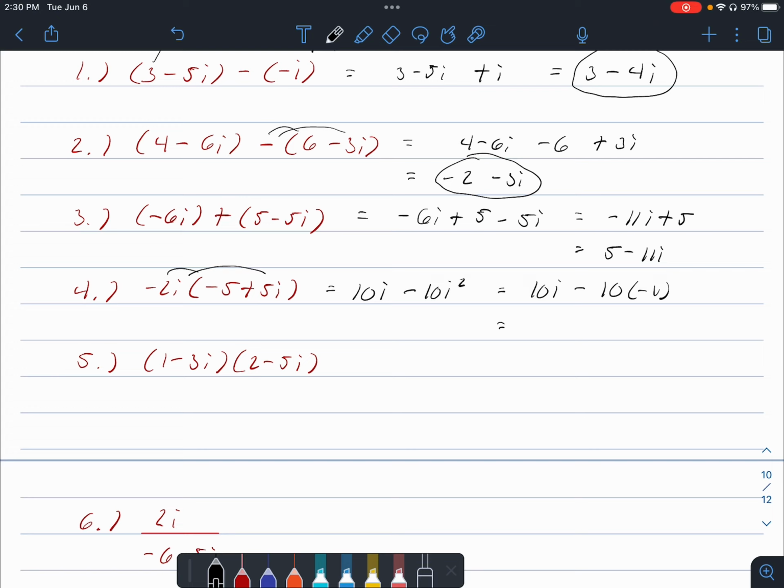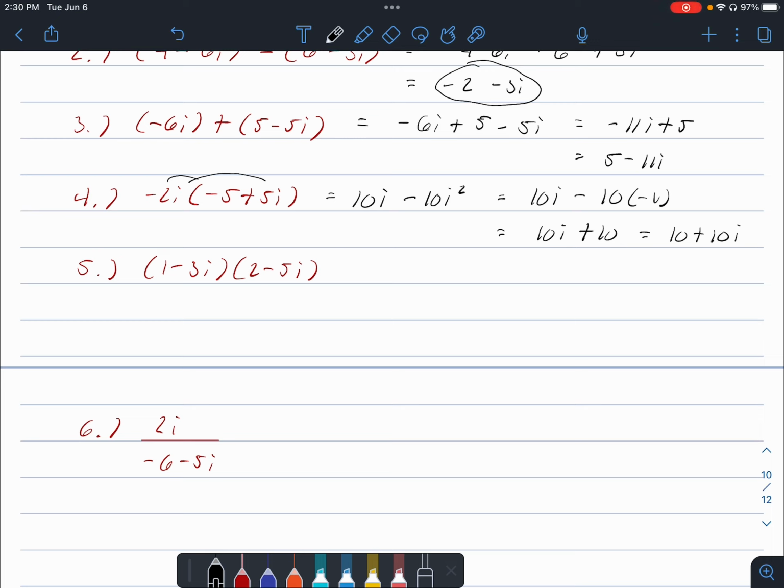Really this will become just a plus 10, right? So 10i plus 10, or we do 10 plus 10i in order to keep the usual custom with complex numbers, okay? And the reason we're doing plus 10 is because we have minus a negative 10 here. So it becomes 10 plus 10i.